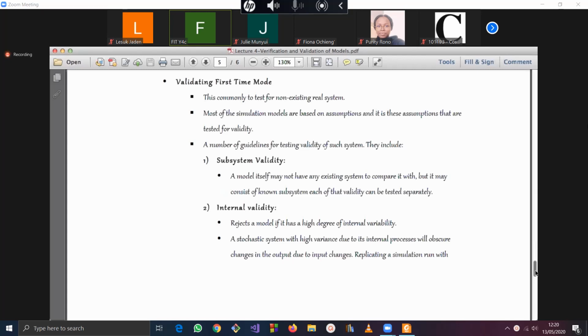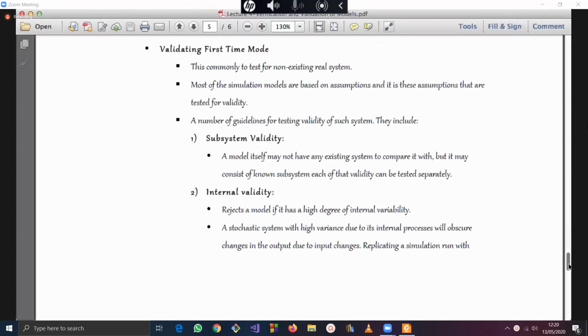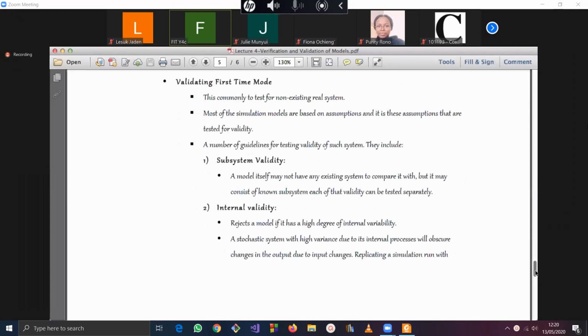We are asking: have I built the model right? Then validity asks: have I built the right model? So have I picked the right model? Have I looked at the circumstances and is it the correct one?